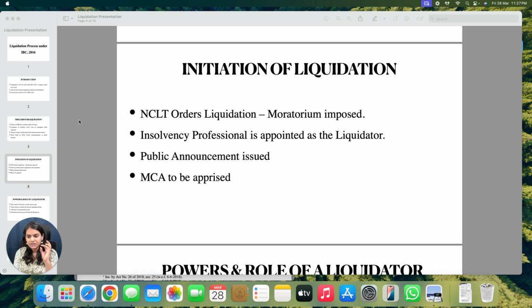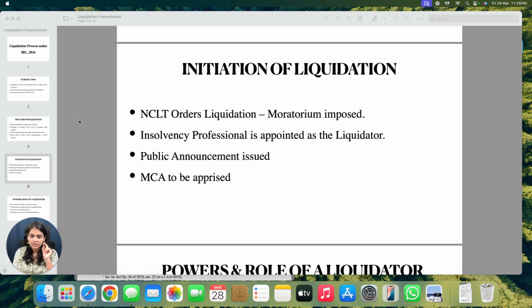This liquidator should not be a related party himself, should not belong to a firm of auditors that has been catering to the corporate debtor in the past 5 years, and should not belong to a law firm which has gotten over 10% of its revenues from the corporate debtor in the past 5 years, or should not be a partner at such an IPE, meaning insolvency professional entity, where the partners or the directors are representing other stakeholders, or such partners or directors are related to the corporate debtor or any of the stakeholders.